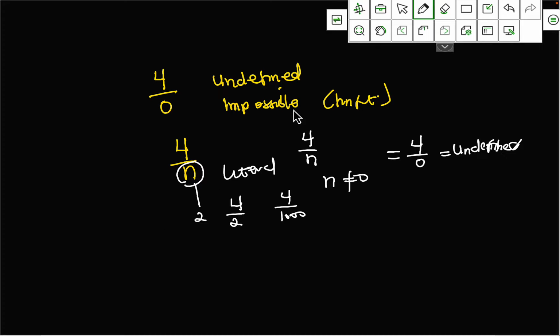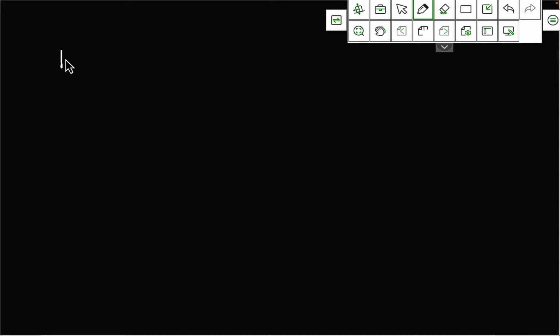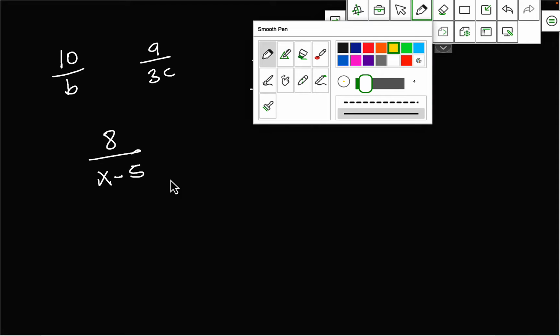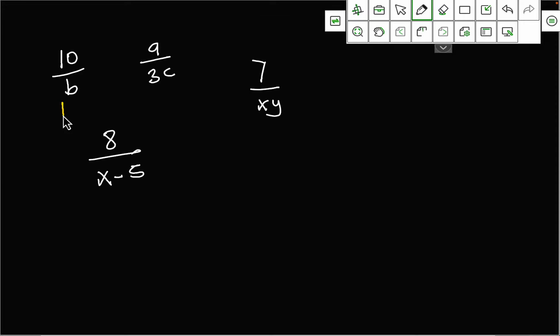Let's look at some examples. Let me write 10 over B, A over 3C, and let's see, we have 8 over X minus 5. And let's do the last one, 7 over XY. Hopefully you are able to solve this, but let's look at it. For the first one, B can be anything except that B cannot be equal to 0.